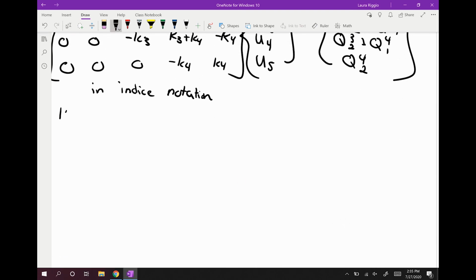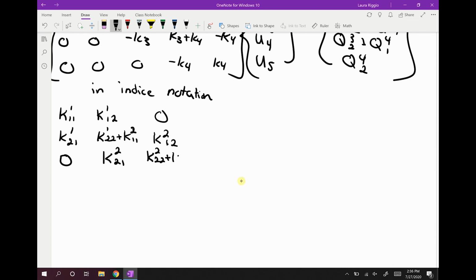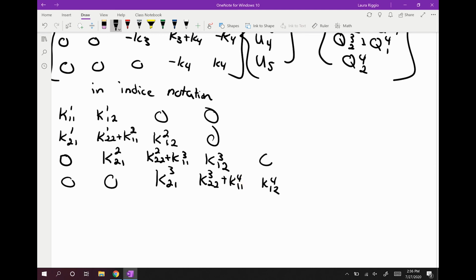So in indicial notation, it's K111, K112, K121, K122 plus K211, K212, K221, K222 plus K311, K312, K321, K322 plus K411, K412, K421, and K422.